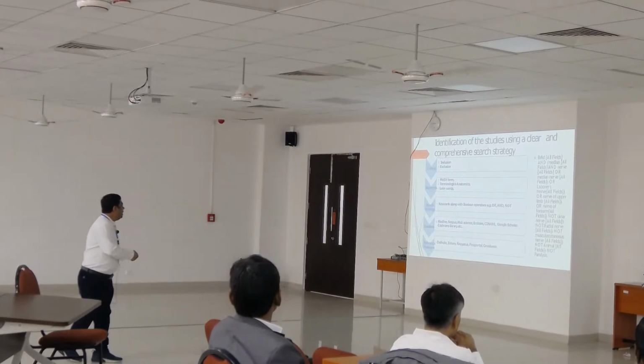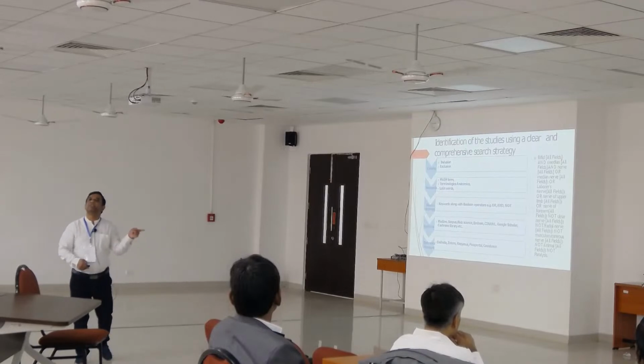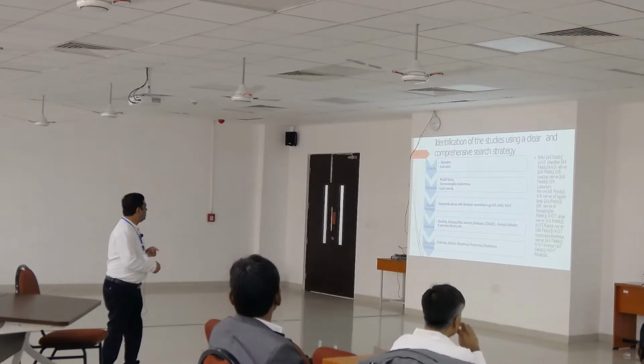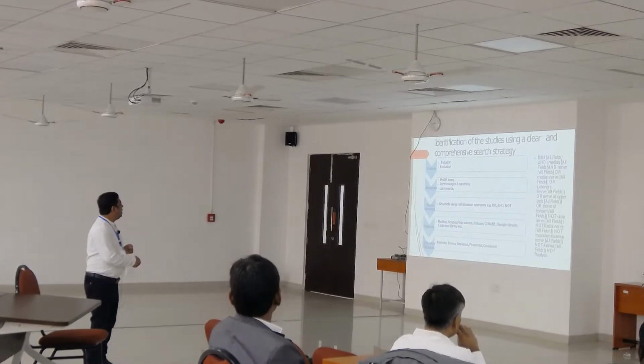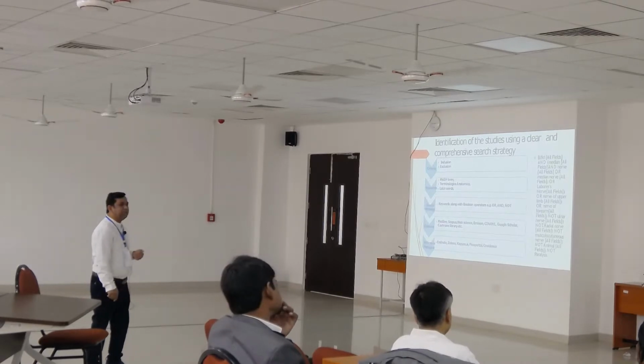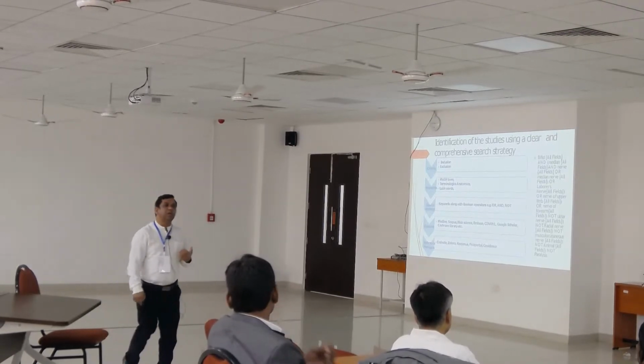Then we search for base terms related to that. You get the MeSH term, the Medical Subject Headings. Then we follow terms related to anatomy because it involves anatomical Latin terminology. Sometimes we have to use synonyms also.